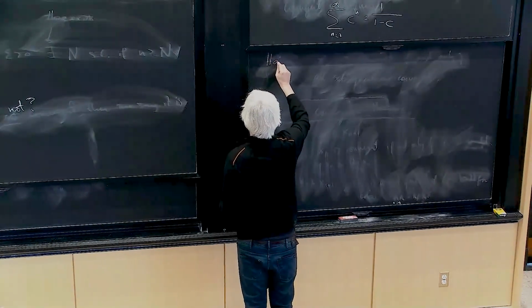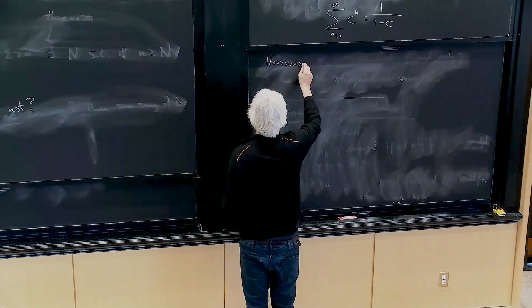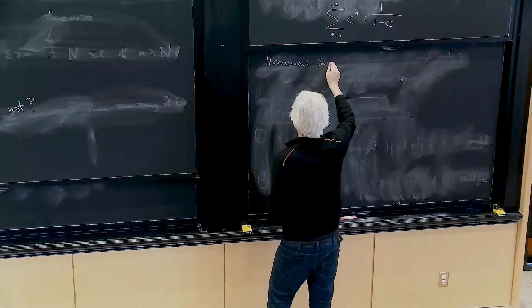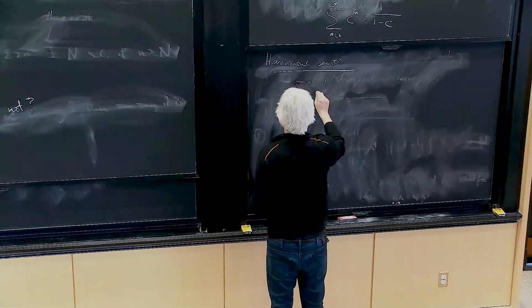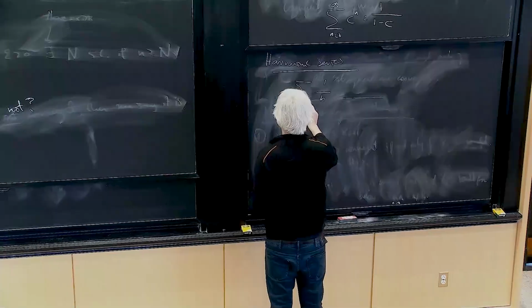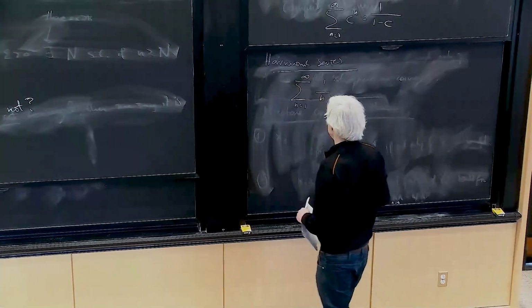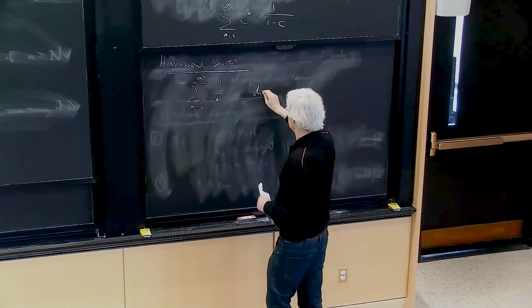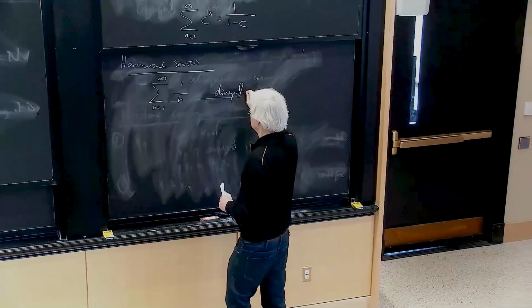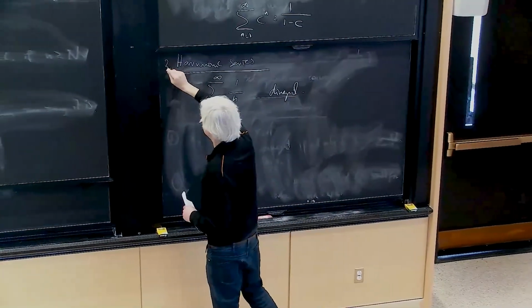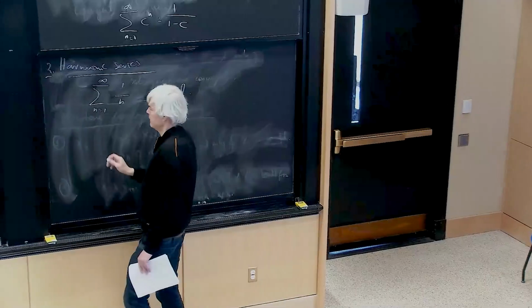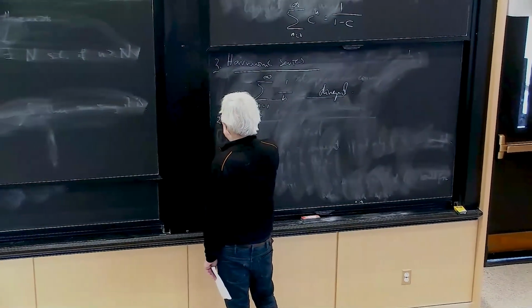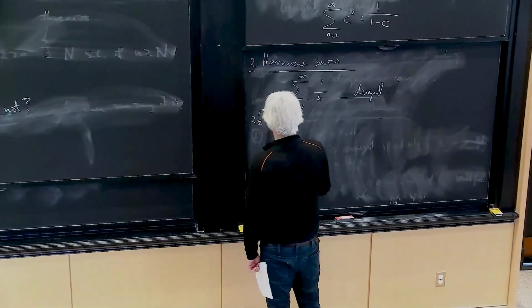One is the harmonic series. The harmonic series is the series where you're summing 1 over n. So this here is divergent. Let's call this second. And then there's one closely related, let's call it 2.5.